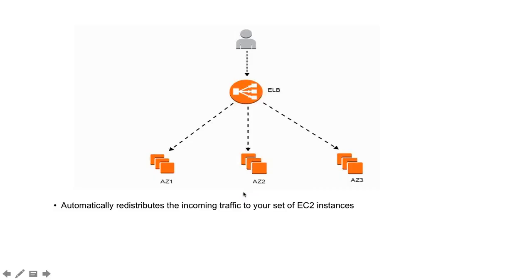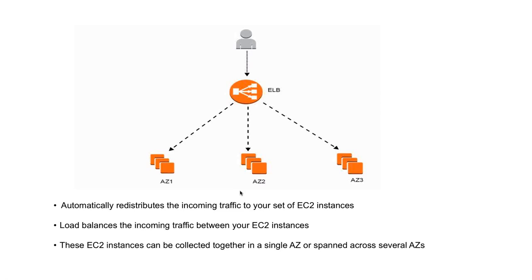What's an ELB? An ELB automatically redistributes the incoming traffic for its set of EC2 instances. It load balances the incoming traffic between your instances, and these instances can be either collected together in a single availability zone, or they can be spanned across multiple AZs. So when your huge architecture is spread across multiple AZs, you will never route the user's traffic directly towards your instances.